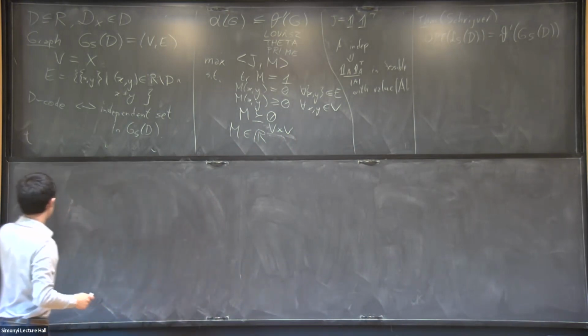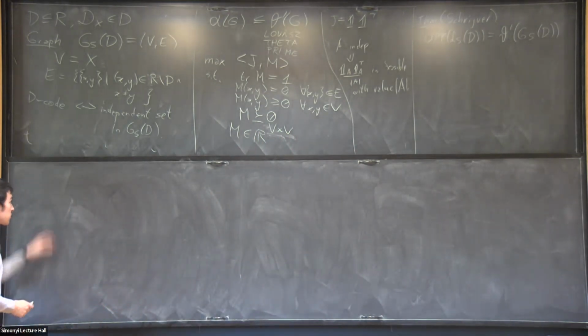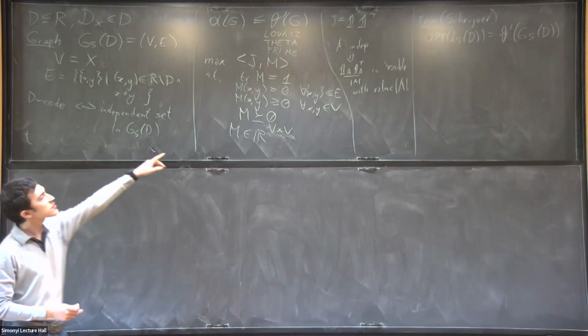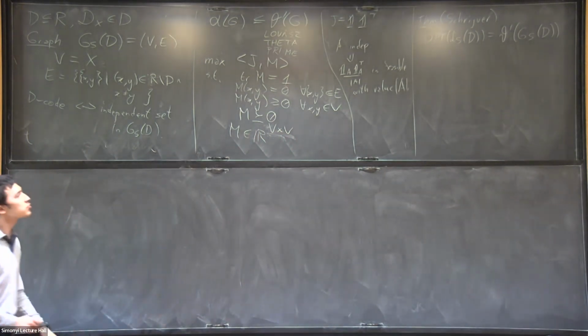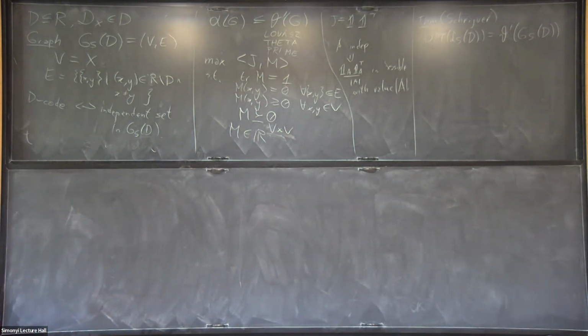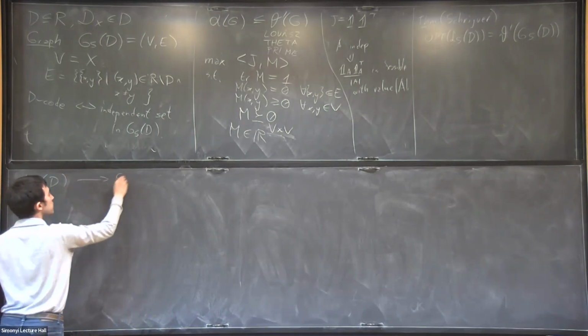So I'll give you the translation. If you want to prove something like that between two optimization problems, that they have matching optimal values, the standard way is to take a feasible solution of one and produce a feasible solution of the other of the same value, and vice versa. So how do you go from the Delsarte LP to theta prime?